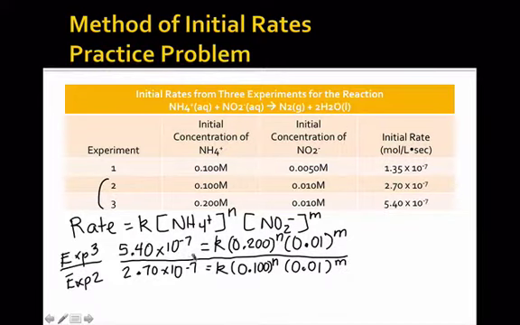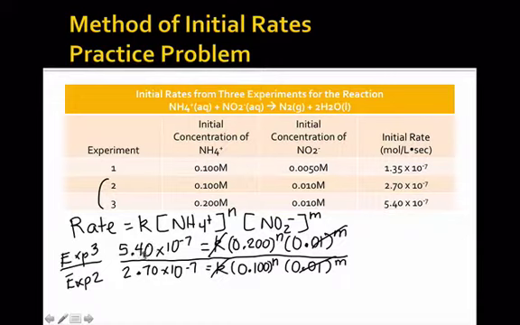Okay, so if I look at these, the first thing I want to do is look for what cancels. And my K's, even though I don't know them, I know they're going to be the same and they're going to cancel out. These guys are going away because they're the same. What I'm left with is the rate equal to dividing these two.